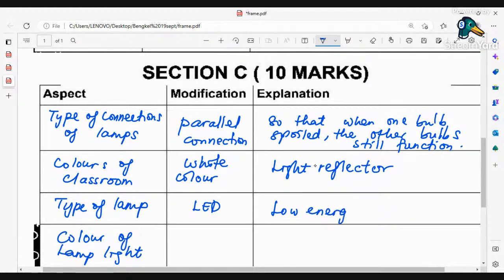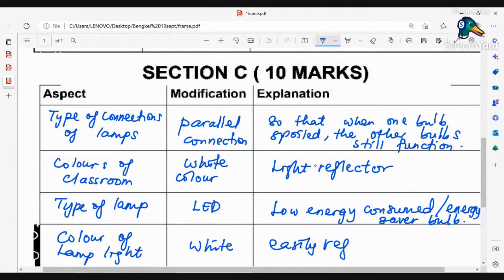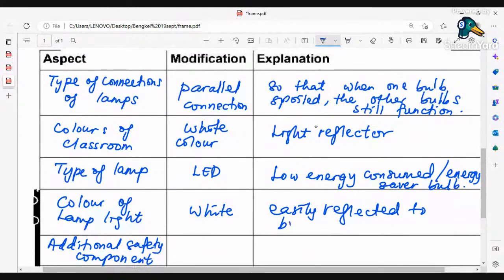Low energy consumption. Or energy saver bulb or high efficiency bulb is also fine. Colour of lamp light should be easily reflected to brighten the room.